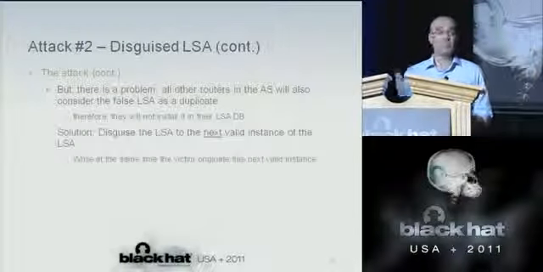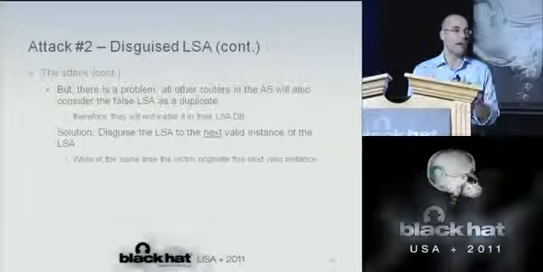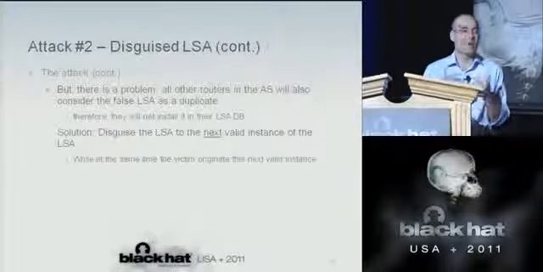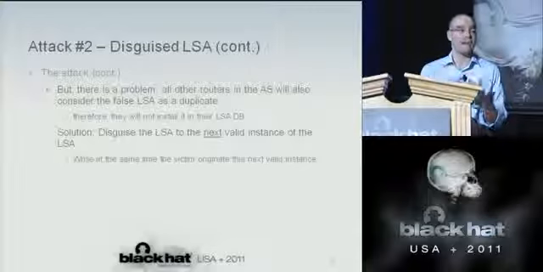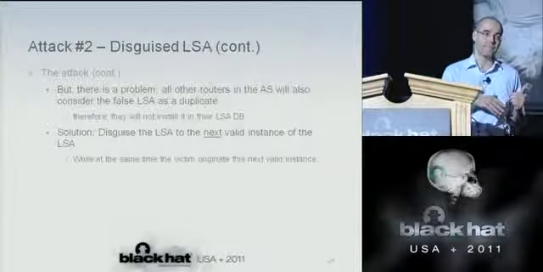So we have to solve this problem. The solution is that the attacker sends out an LSA that is disguised as the next valid instance of the LSA. Okay, the next valid instance, not the current one.